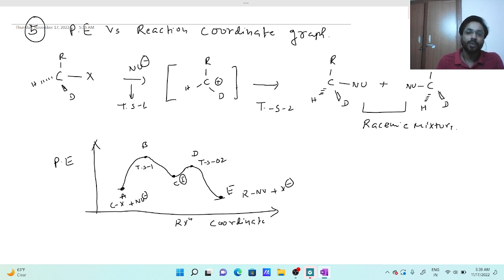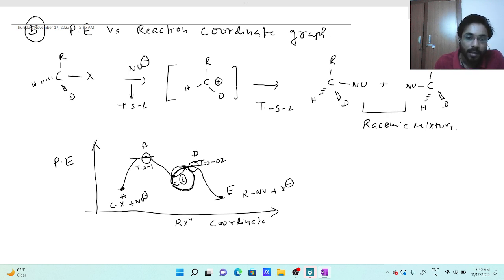Fine. So as we can see, the intermediate is surrounded by two transition states. And the energy of the intermediate is less than the energy of the transition states. What does this mean?